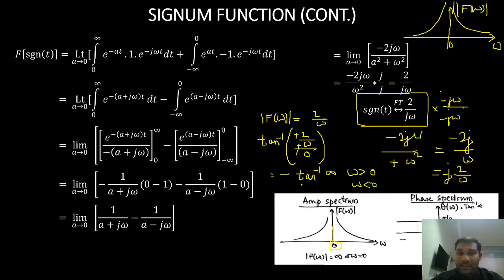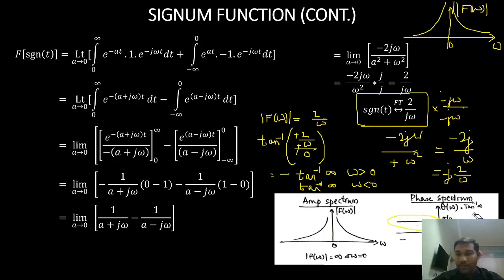Both of them get cancelled. It is tan inverse of infinity. Now tan inverse of infinity is pi by 2. So for values less than 0, it is pi by 2. And for values greater than 0, it is negative pi by 2. So that is how we will calculate the amplitude spectrum and phase spectrum for Signum function.